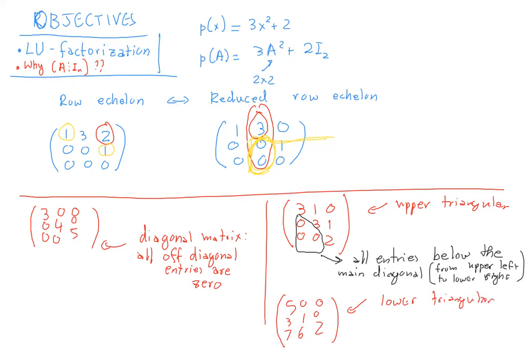All the entries above the main diagonal have to be 0. Not below the main diagonal, the entries above it. So all entries above the main diagonal, the ones that I put in the triangle, have to be equal to 0.